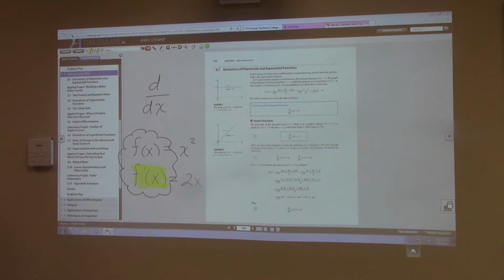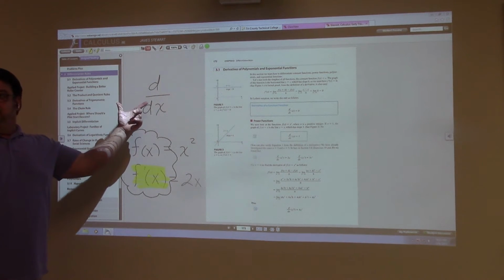Or y prime. In other words, they say y is equal to 2x, I say y prime. I do not use dy dx. I do not use d over dx. I don't use that because that confuses students, especially first-year or first semester calculus students. If this is the first time you've seen calculus, then this is going to confuse you.